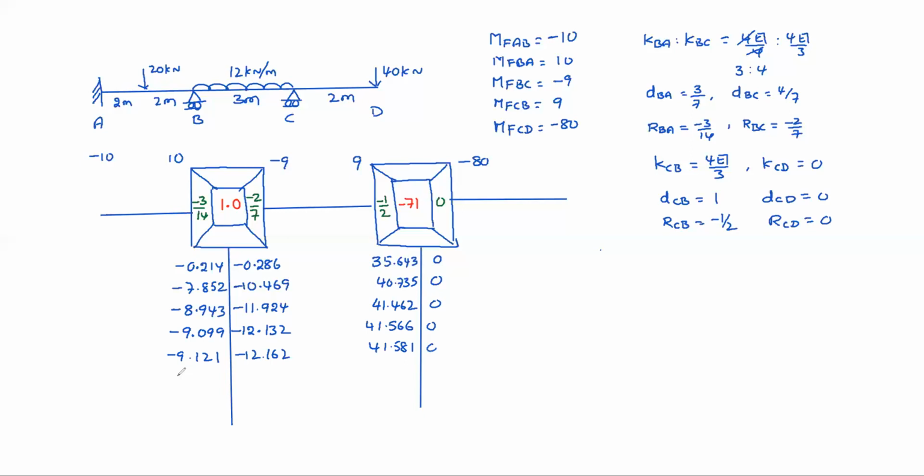Next cycle, minus 9.125, minus 12.166, 41.583, 0. Almost stabilized. Okay, we can stop there and find the final end moments.